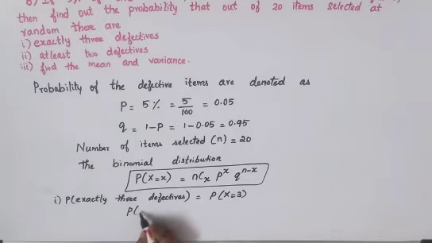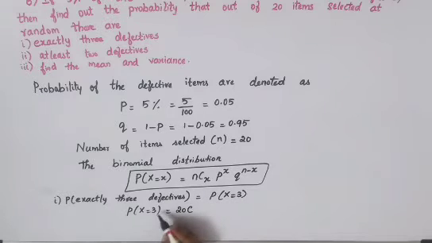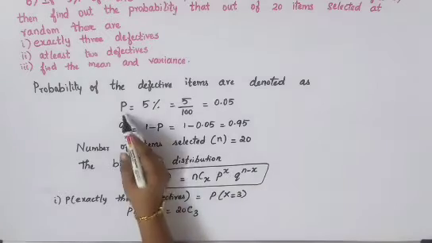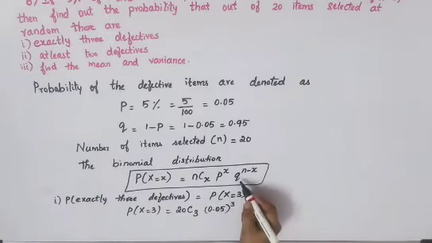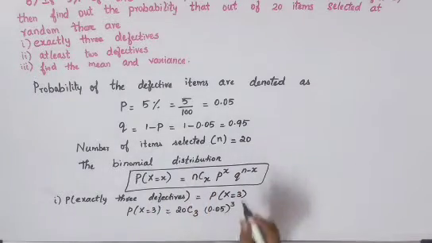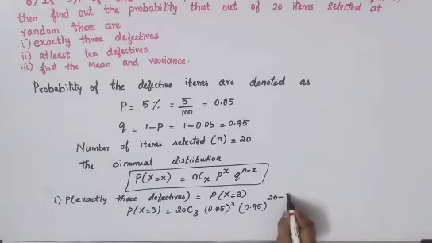So P of x equal to 3 is equal to nCx. n is 20, and in the place of x, 3: 20C3 P power x. P is your 0.05, power 3, and Q power n minus x, where Q is 0.95 and n minus x is 20 minus 3.